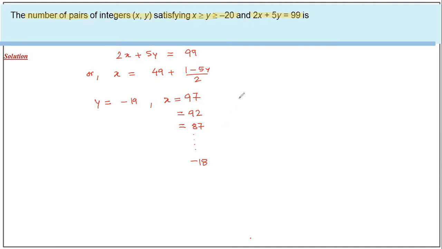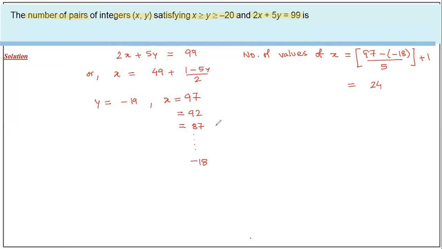Now so far number of values of x is 97 minus of minus 18 by 5 plus 1. So that is equal to 24.